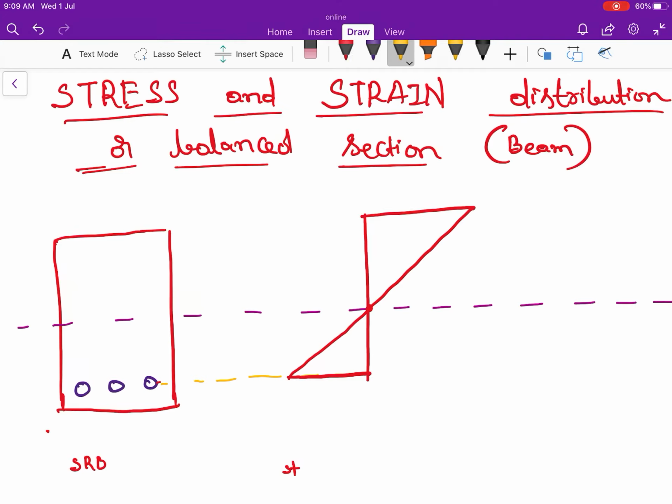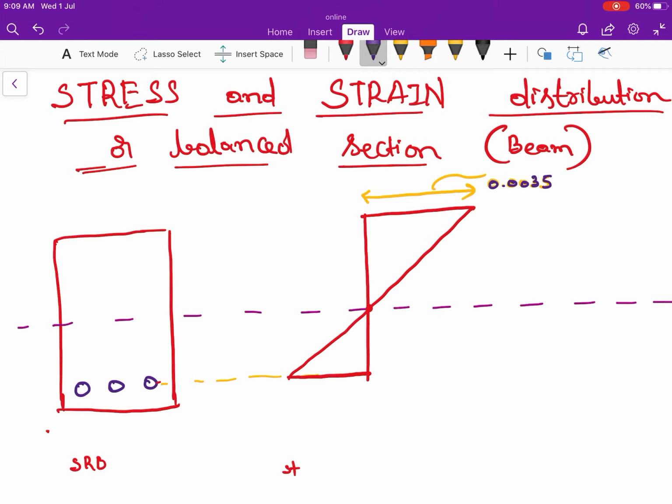What is the maximum strain at the extreme compression fiber? We have already learnt this in the last lecture series. It comes to be 0.0035. At the extreme compression fiber it is 0.0035.